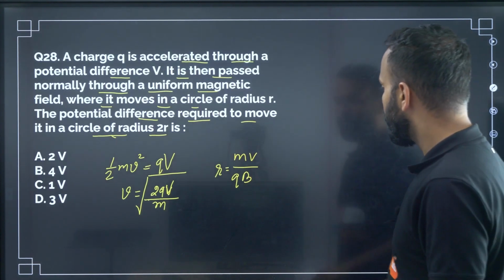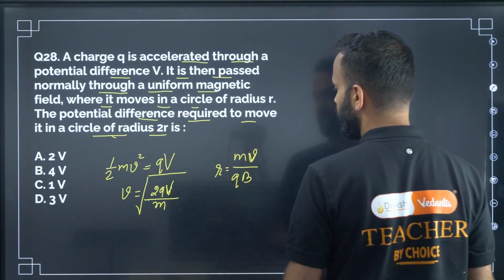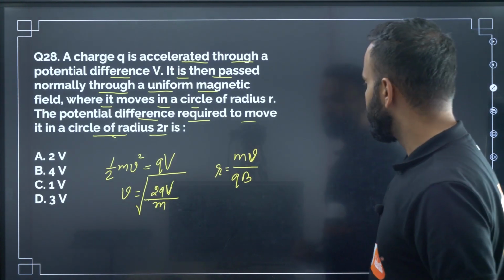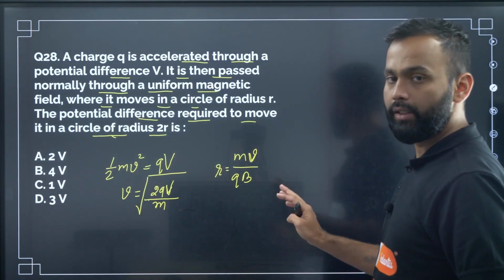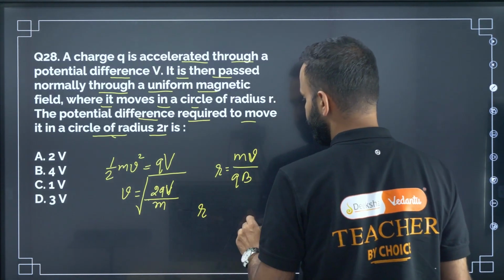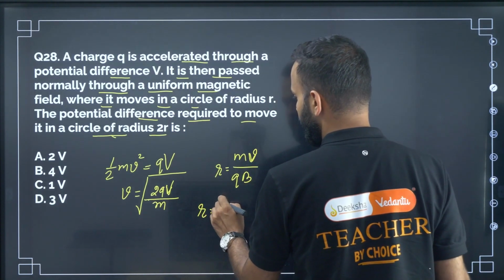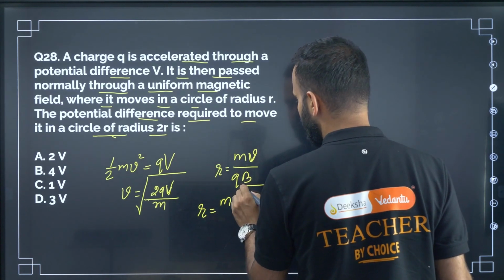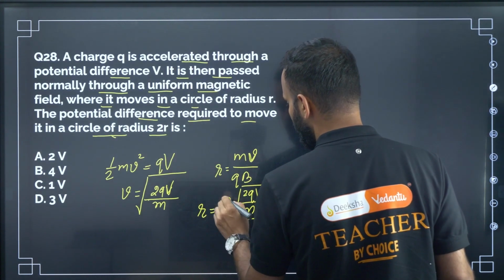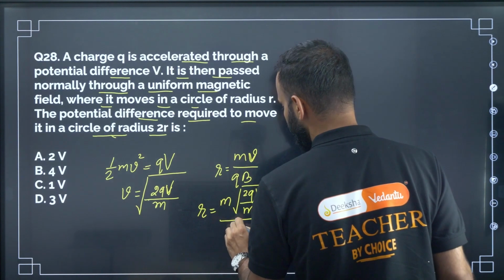Only velocity is changing. How is velocity changing? Let's see. Here r is equal to m into root of 2qV divided by m, whole divided by q into B.